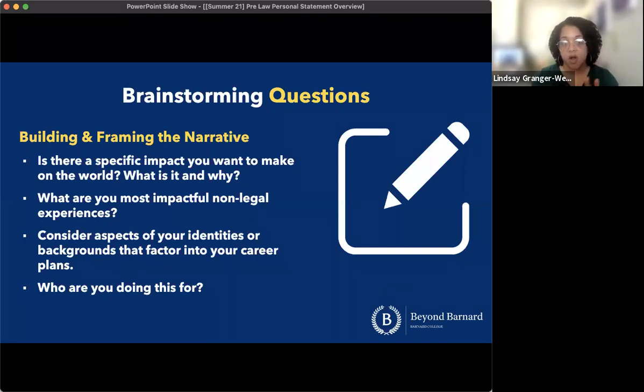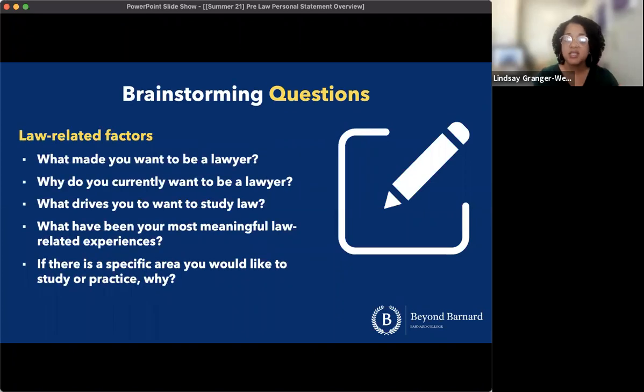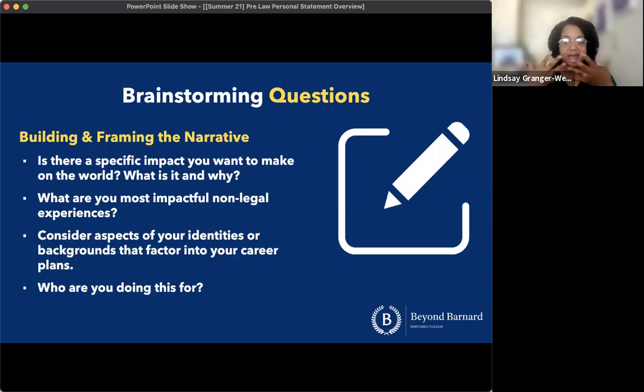Again, these aren't all of the framing and narrative-building questions, but if you take your time with them, think through your responses, and then compare them to the law-related ones, you get a nice Venn diagram of things that overlap: this is the overall context, this is the law part, and this makes for a strong narrative for my personal statement.